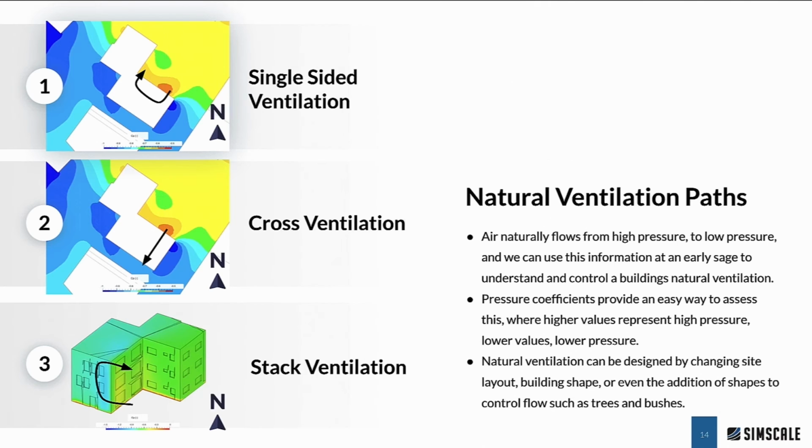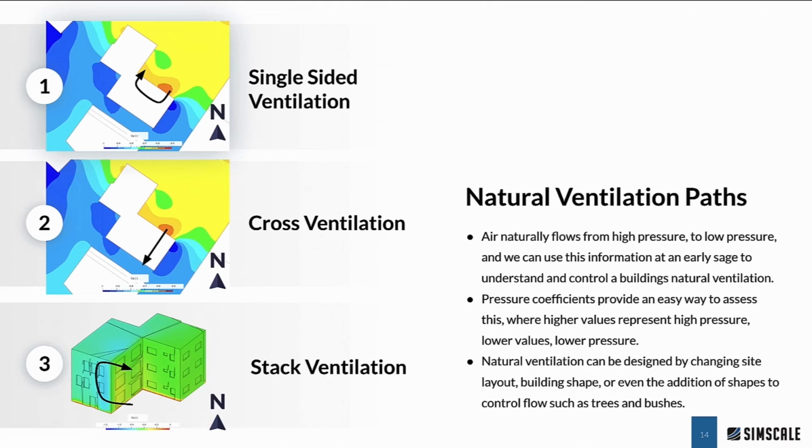So with that said, what kind of insights can we get out of pressure coefficient values? Well, we can start to look at pressure coefficients around the building and start building a picture in our head of what flow paths the wind or the air is going to take within the building, and what we can do about the indoor building layout to either slow wind down or allow wind to naturally ventilate more, depending on the scenarios you're trying to simulate.